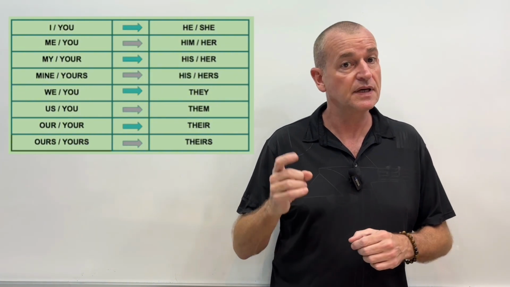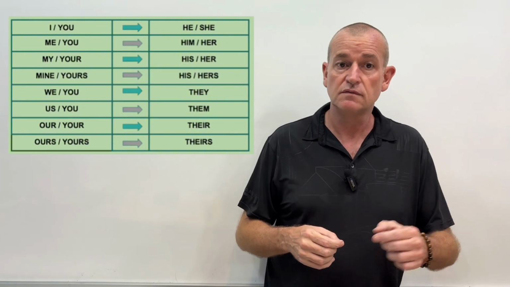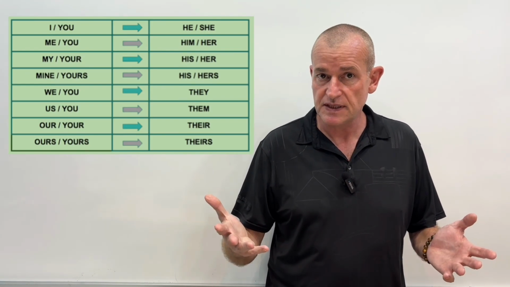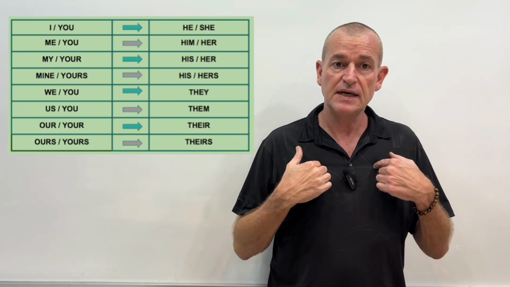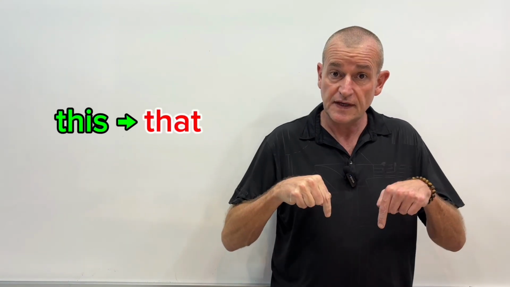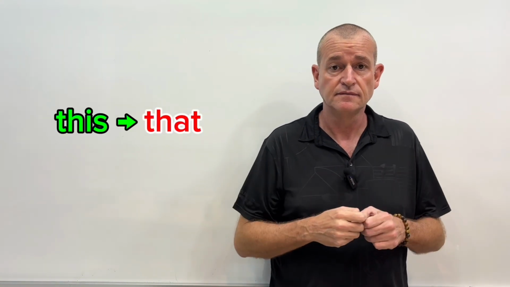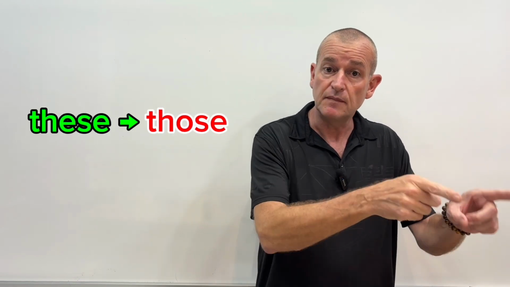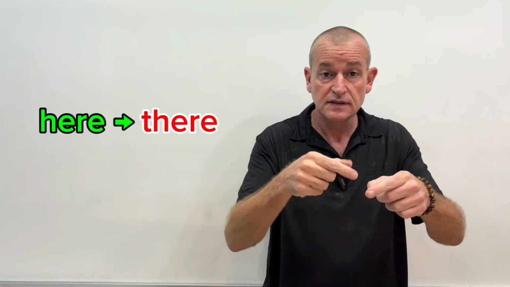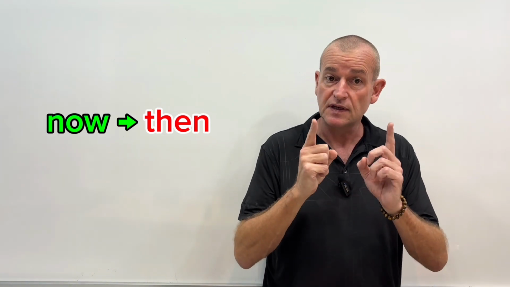We becomes they. You becomes I, we, or they, depending on the meaning of the sentence. My becomes his or hers. This becomes that. These becomes those. Here becomes there. Now becomes then.